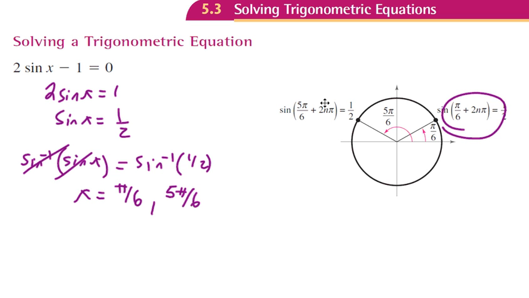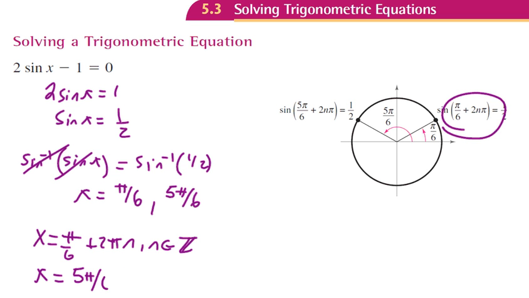And the same thing for 5 pi over 6, you add 2 pi n. So really, our answer should be x equals pi over 6 plus 2 pi n, where n is within the integers. Because if I plug in 1, that means we'll do 1 full rotation around. If I plug in 2, I'll do 2 rotations, and 3, and so forth. So this gives us all the solutions, and the other final answer would be 5 pi over 6 plus 2 pi n, where n is within the integers.